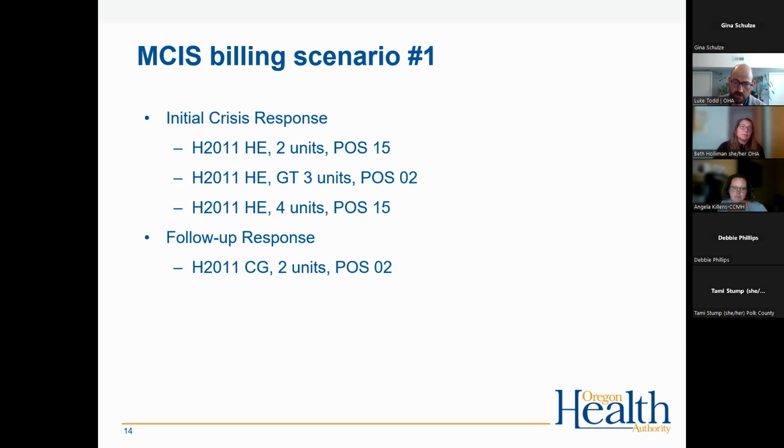Phone is billable under current telehealth rules. So the only difference in billing would be the GT modifier would not apply, because that is the one that indicates the synchronous audio video.